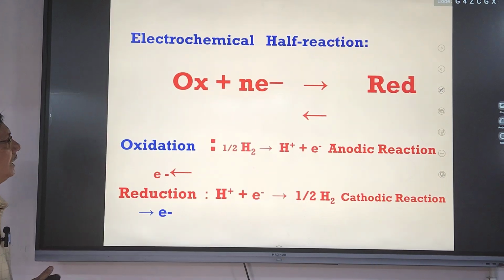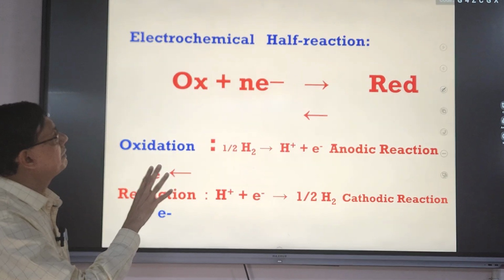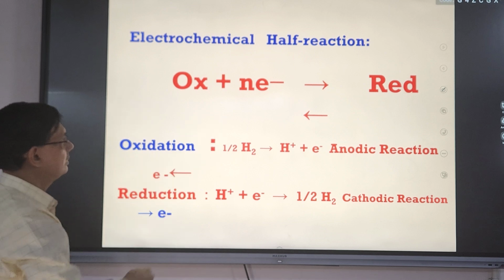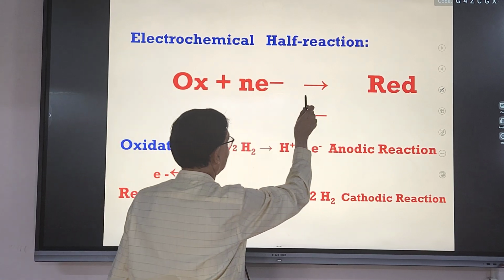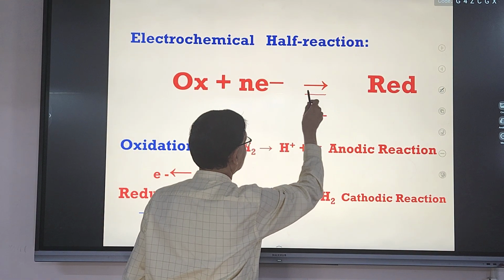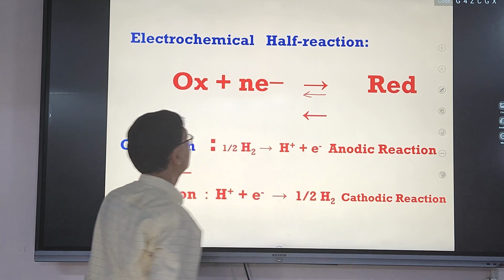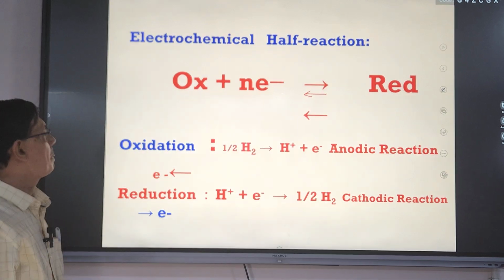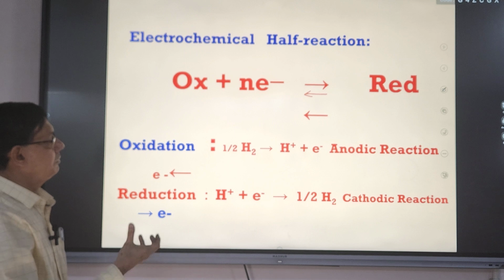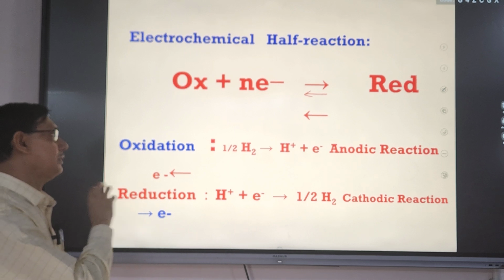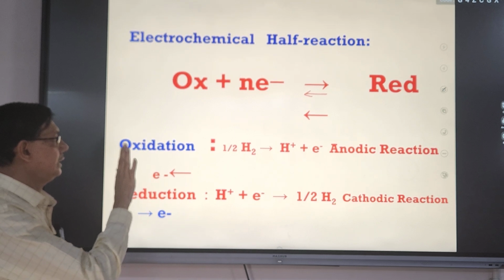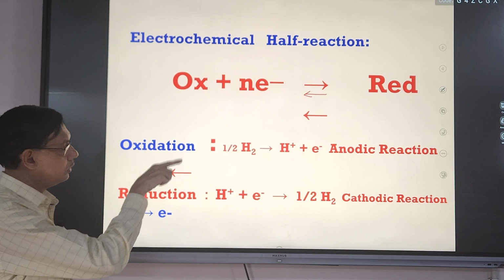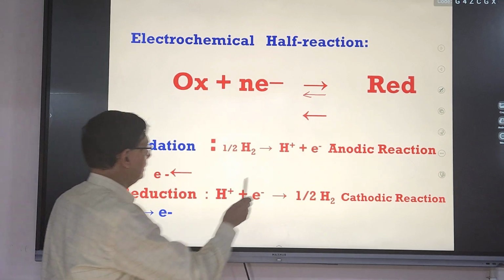So I am taking a very simple example. You know that is the redox. No problem. You all know these things, and oxidation is always loss of electron. So if there is an electrode and there is an anode, you see this is the thing.